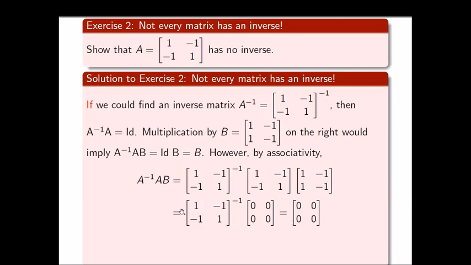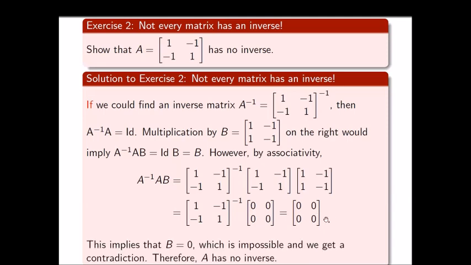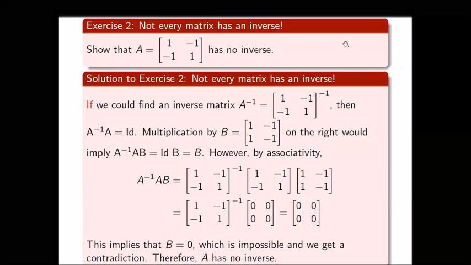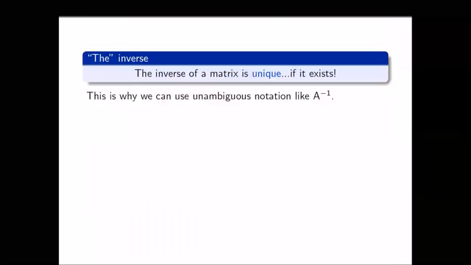So what we've shown is that A inverse AB is 0, but at the same time also B, but we know that B is not equal to 0. But we just arrived at the conclusion that B is equal to 0, which is obviously impossible, and therefore we get a contradiction. And for that reason, our initial assumption that A had an inverse was wrong to begin with, and therefore we conclude that A has no inverse.